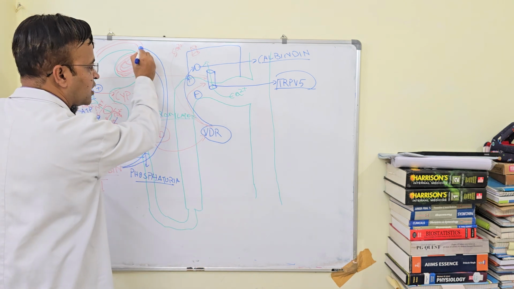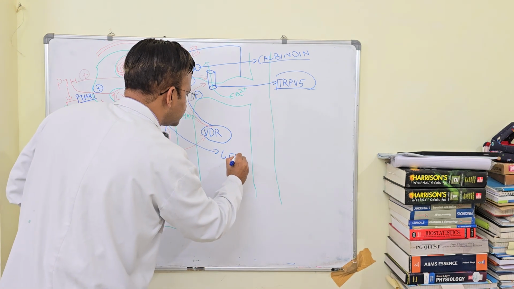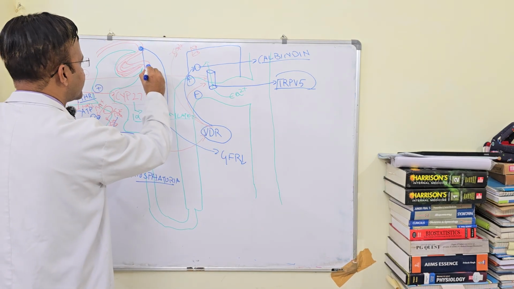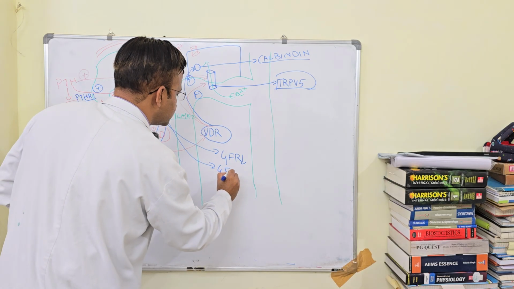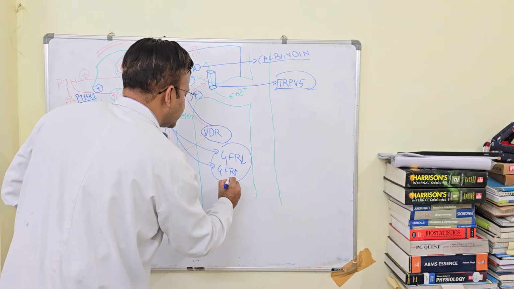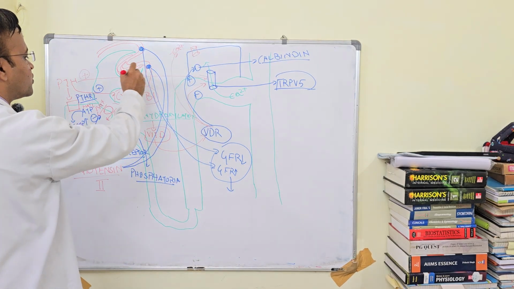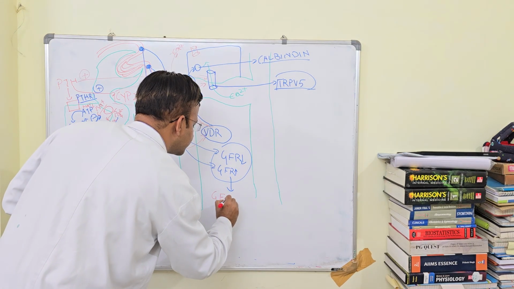Constriction of the afferent arteriole will reduce GFR, right? But constriction of the efferent arteriole is going to increase GFR. But which effect is going to predominate? Decrease in GFR is going to predominate of these two effects. The GFR ultimately decreases.